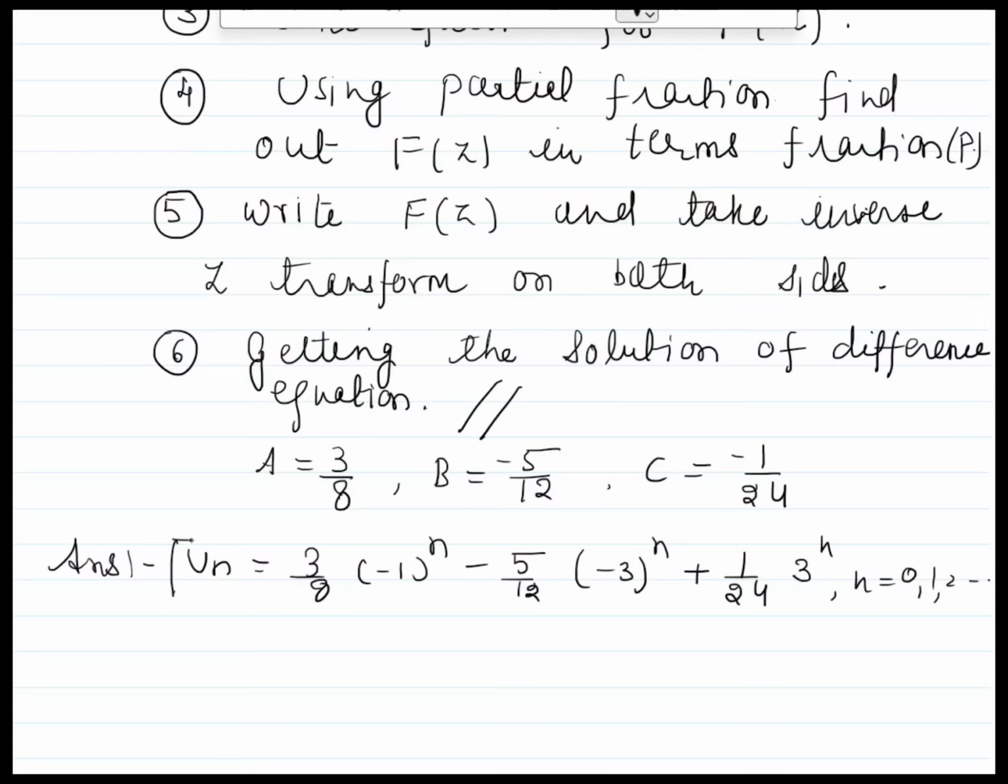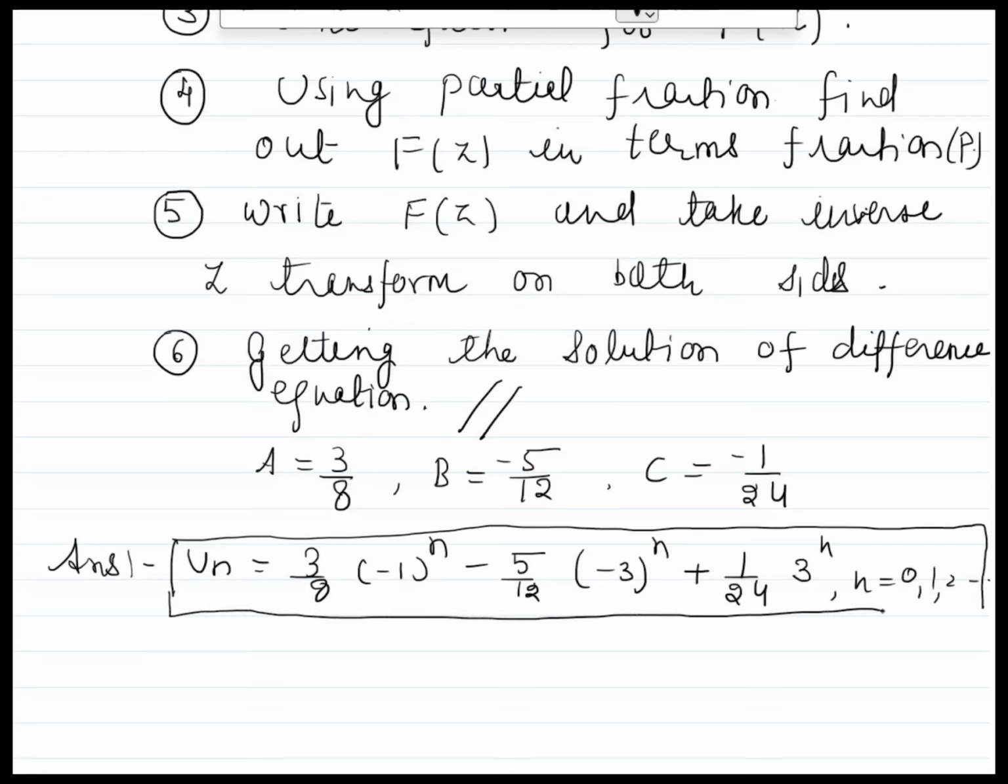I hope you can solve this particular difference equation yourself by using the Z transform and partial fraction. Please try the method. I have already explained the steps and also written them here. Try to find the answer yourself.